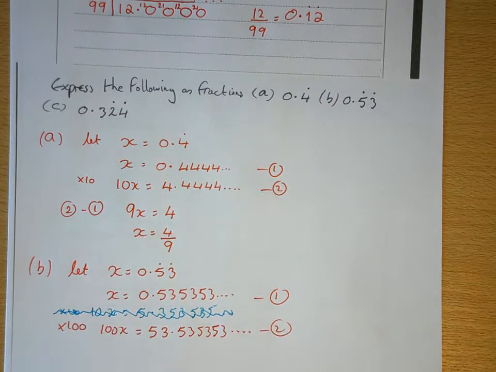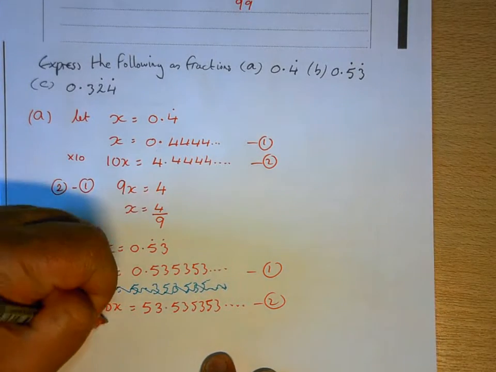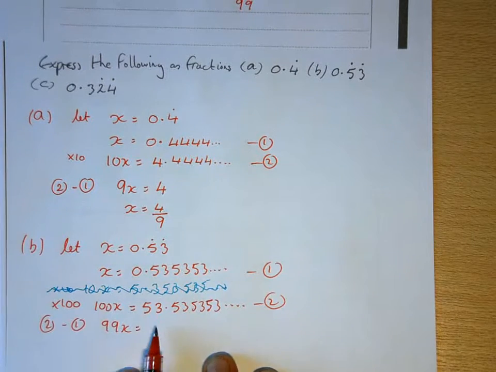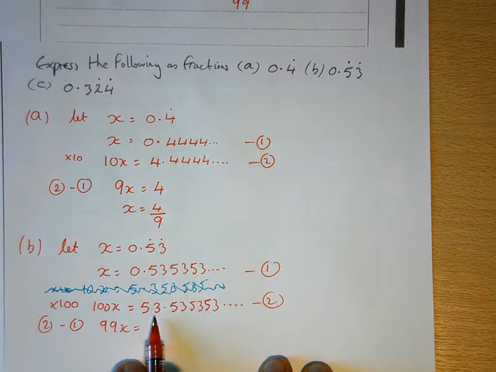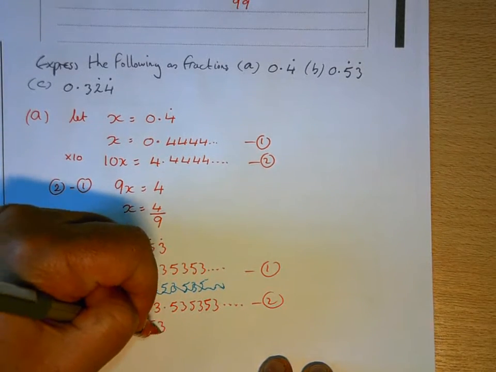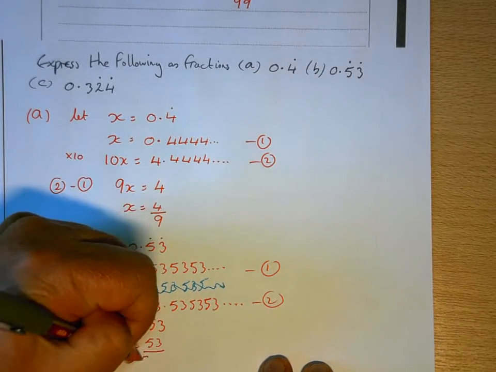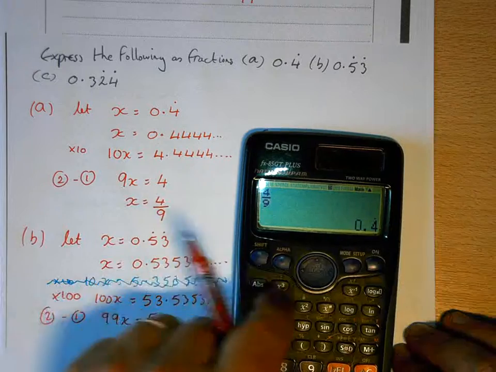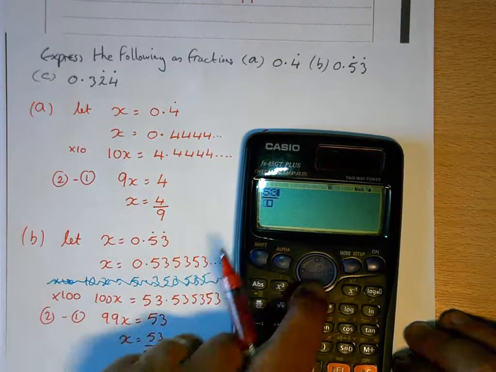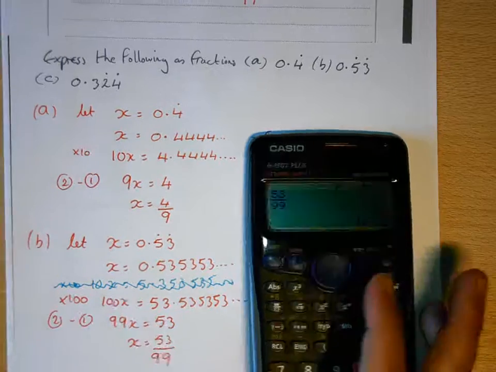Now when I subtract, I've got 100x take away x, so that works. So 2 take away 1, I'll have 99x, and on this side the 535353 after the decimal point will cancel, and I've just got 53 take away 0, which is 53. So x is 53 over 99. Okay, just to check, fraction button, 53 over 99 equals SD 0.53 dot above both.